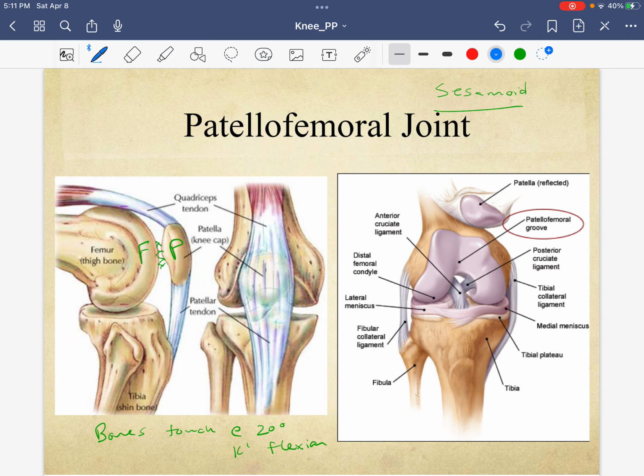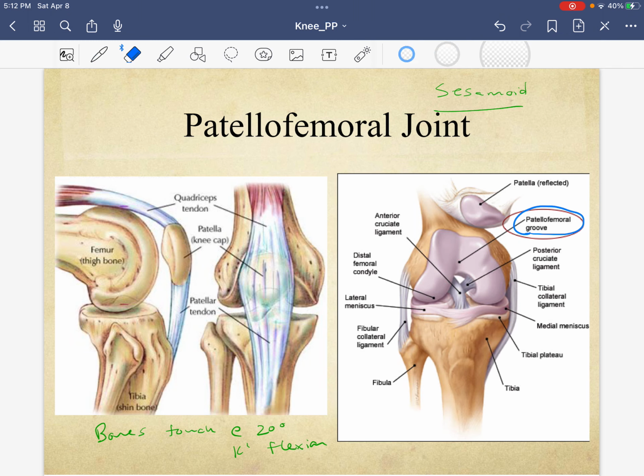Patellofemoral groove. So the articulating surfaces, when they do touch, would be the underside of the patella and the patellofemoral groove of the femur. You can see that the patella is contoured and convex, it juts out a little, and the convex surface of the patella fits into the concave surface of the patellofemoral groove.